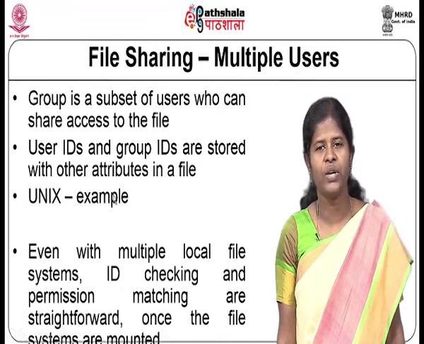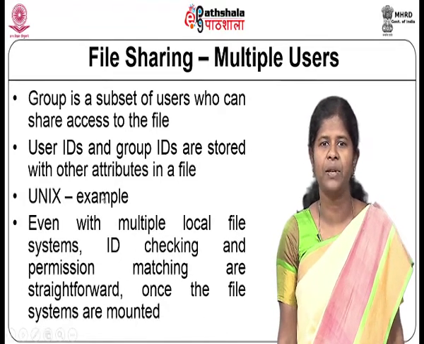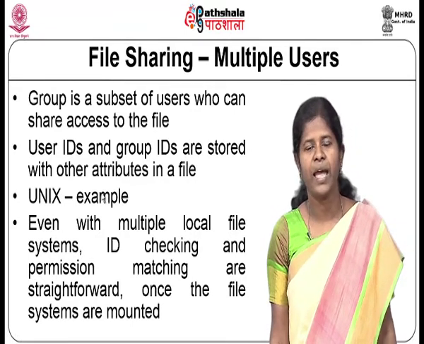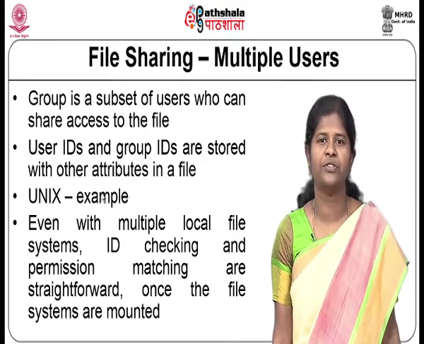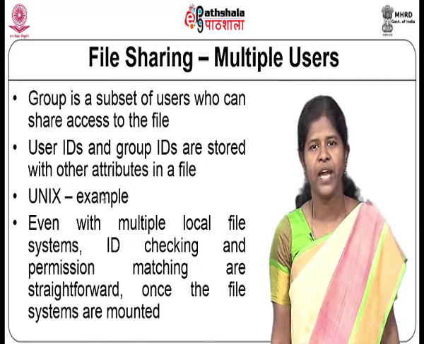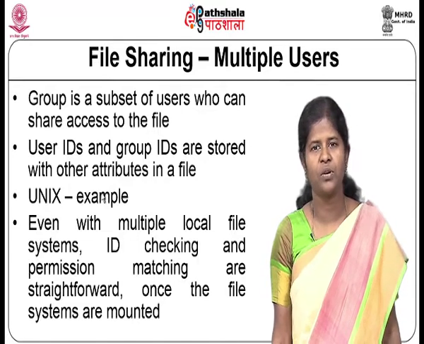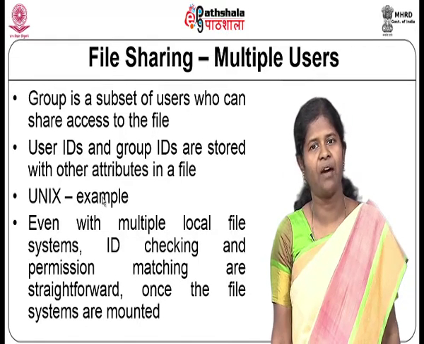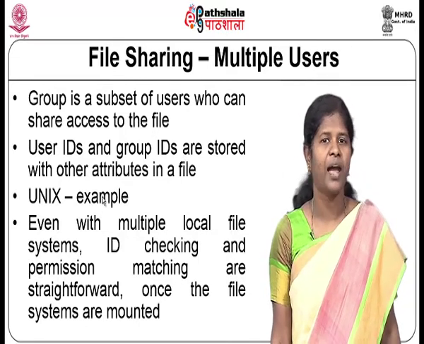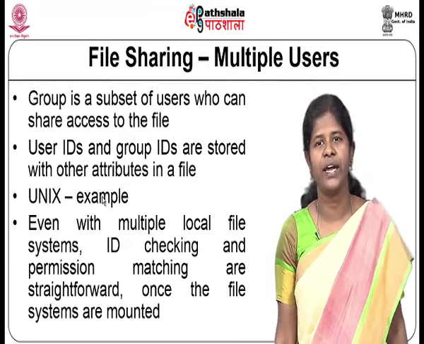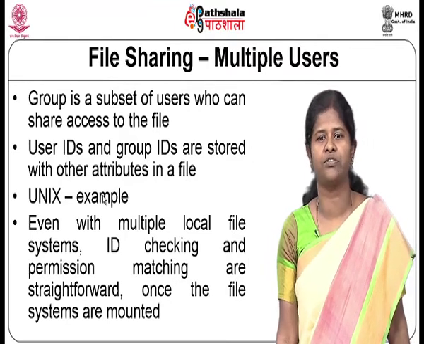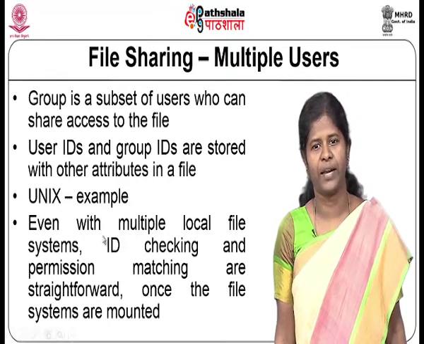In the case of Unix, as an example, there is a person called the owner, and then you have a group of users who will be given a different kind of access permissions, and then there will be the other people. The owner will have one kind of access permission, a group of people will have a different kind of access permission, and then you have the universe or the others who will have yet another set of permissions over that file.